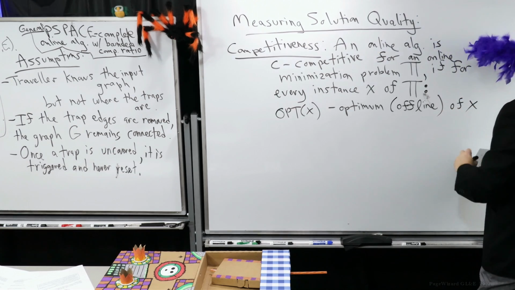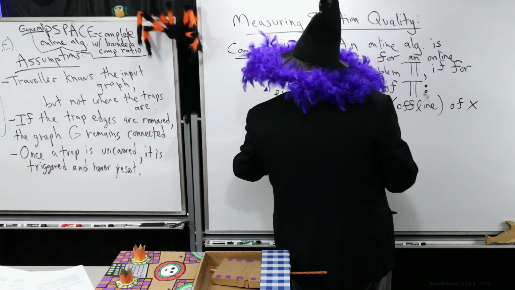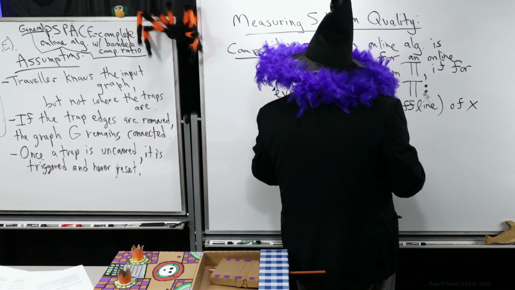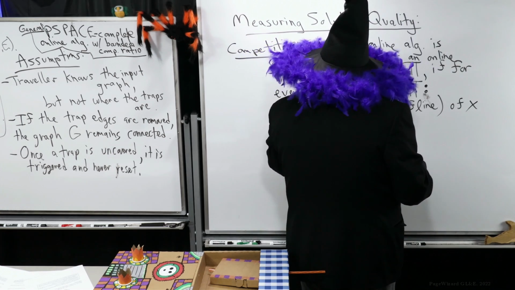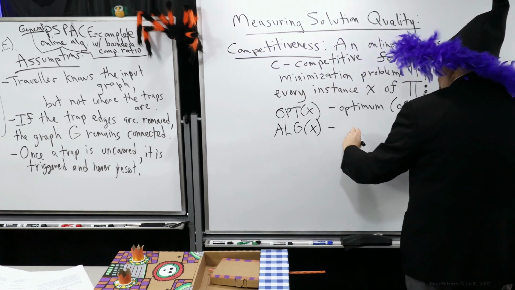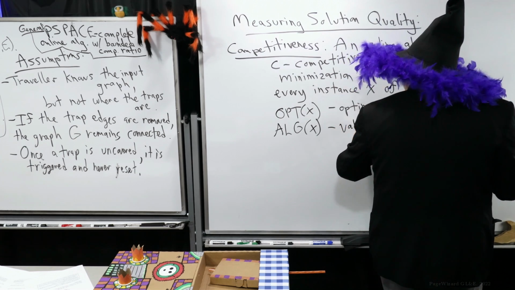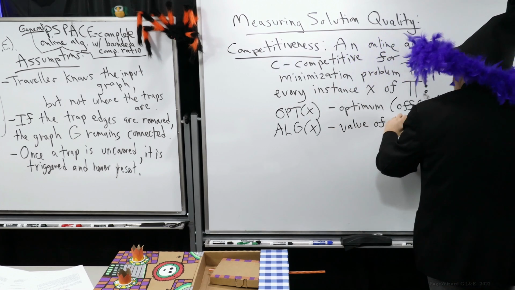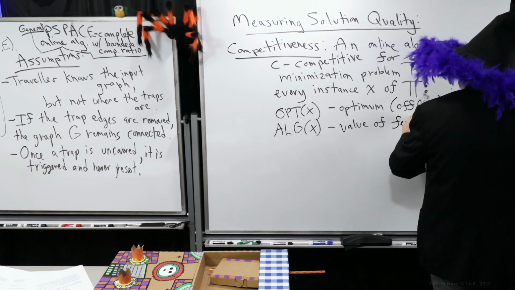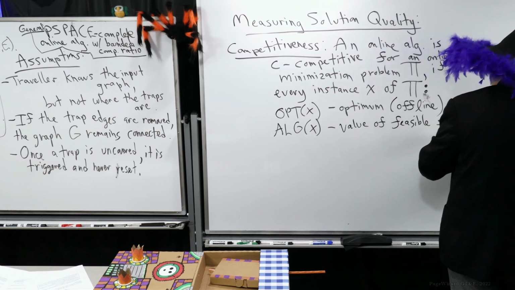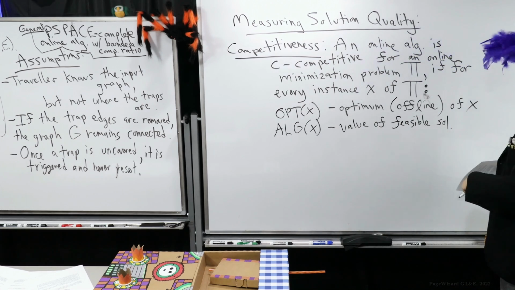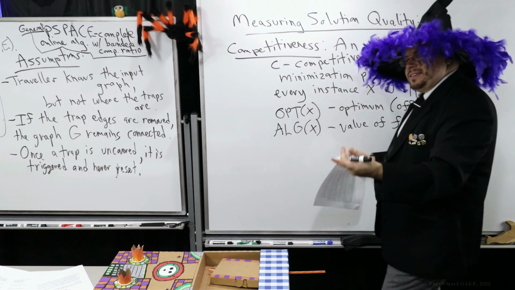So for that instance x. And likewise, I'm going to have the actual length of the path I get when I use my online algorithm. So this would be the value of the feasible solution. In that case, that would be a path that I get when I give x to the algorithm.